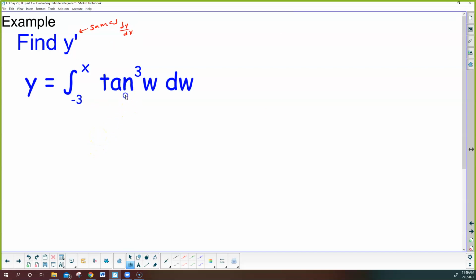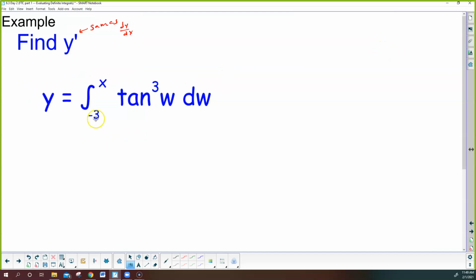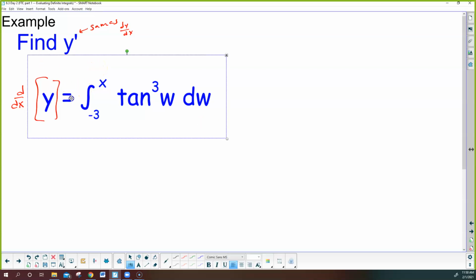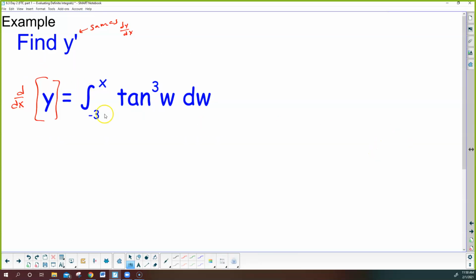Okay? So what do they want us to do? They want me to find the derivative of this piece. So we're going to take the derivative with respect to x to both sides.